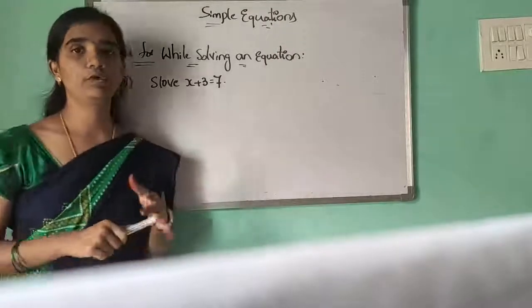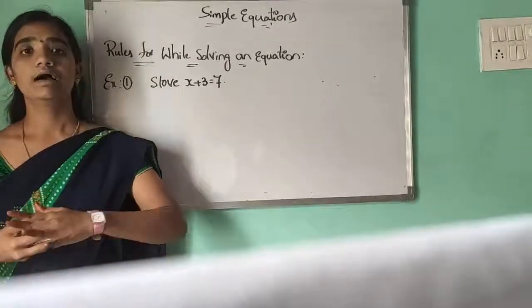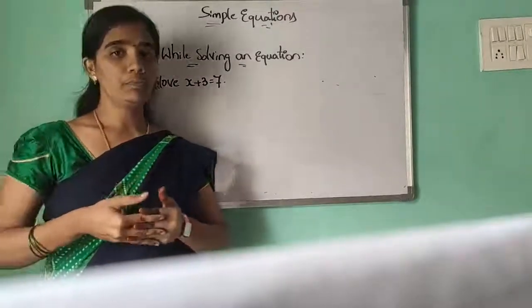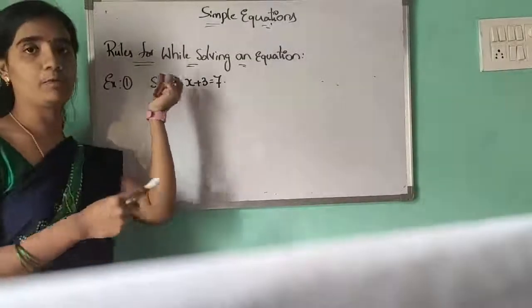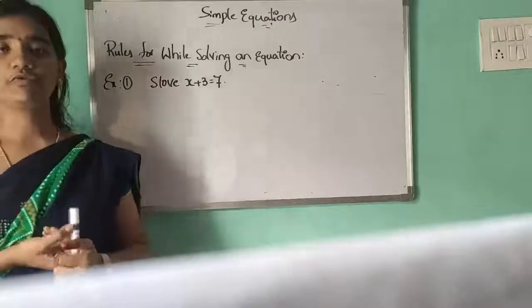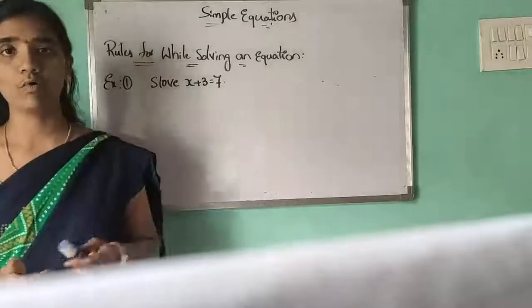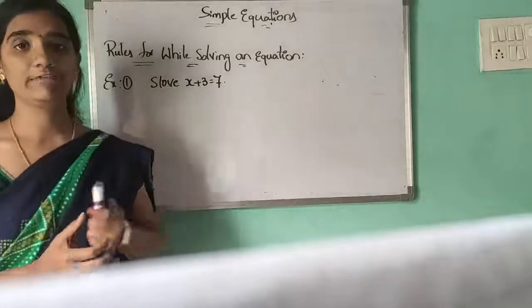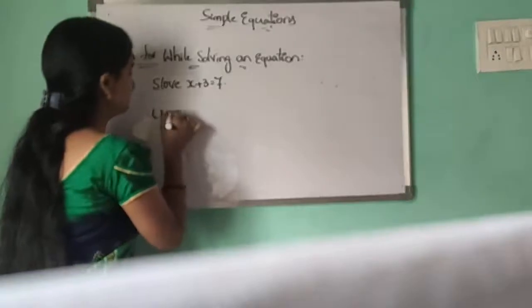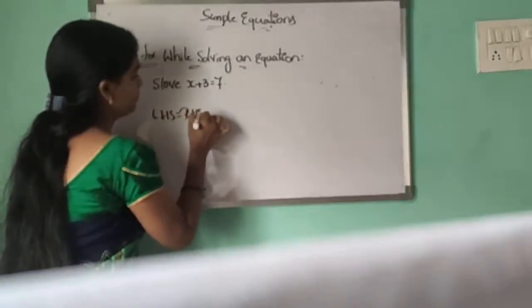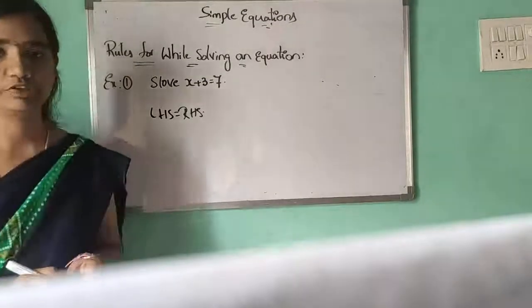In this method we substitute values for the unknown variable and find for what value the equation becomes true, that is, LHS equal to RHS.